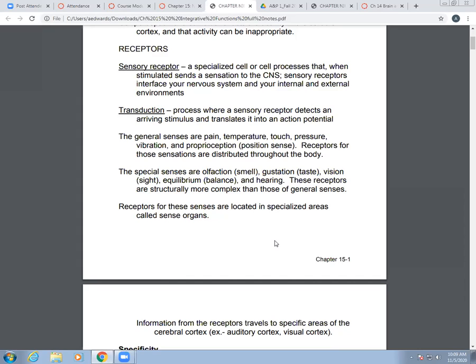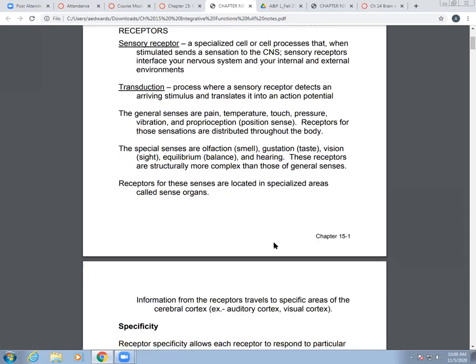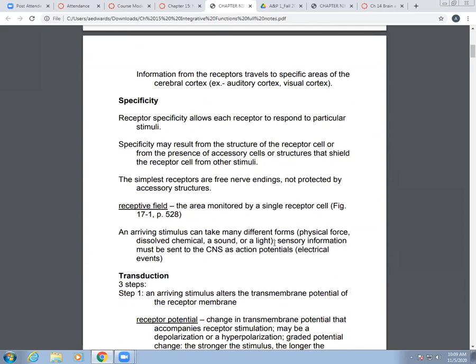The receptors for these special senses are in specialized areas, and we call those sense organs, right? So information from those receptors is going to travel to certain areas in your cerebral cortex, like your auditory cortex and your visual cortex.